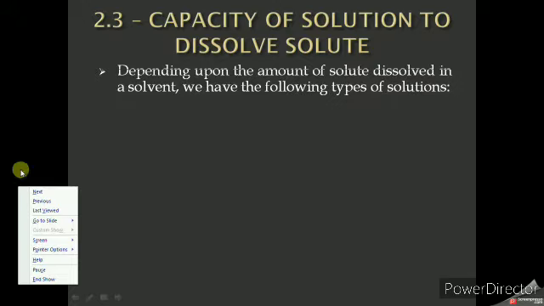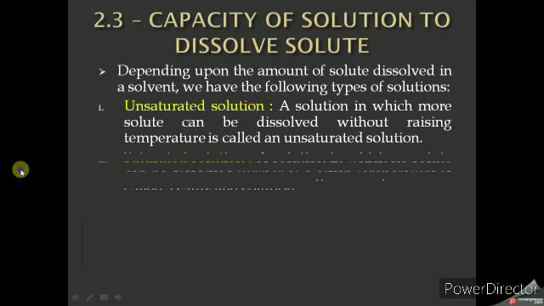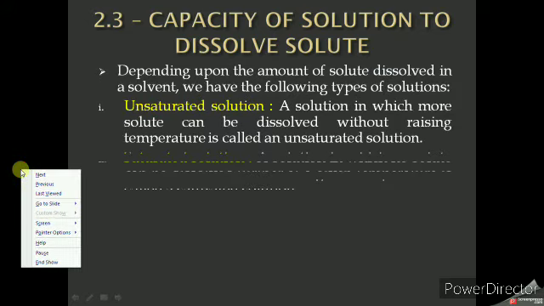Let us discuss one by one. First one is unsaturated solution. A solution in which more solute can be dissolved without raising temperature. So if temperature does not rise, then we can prepare an unsaturated solution.